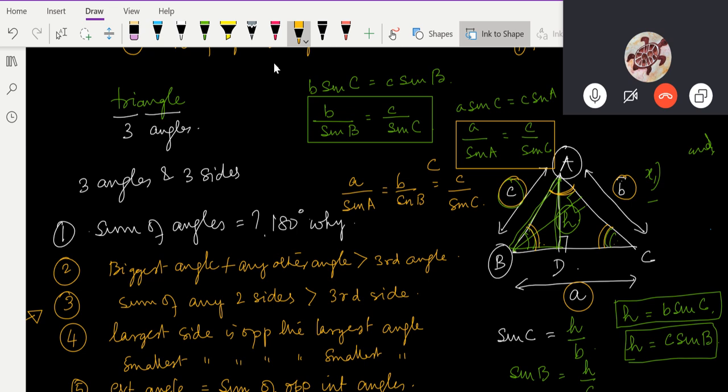This is called the sine rule, and you will need this over and over and over again when you are dealing with triangles. This is one of the rules that you will need.